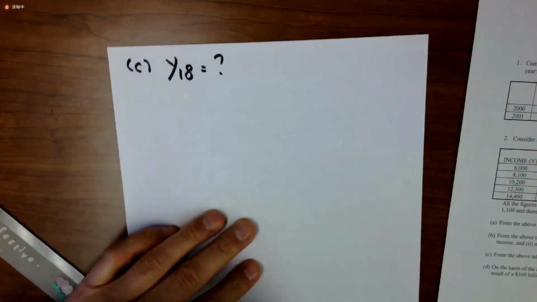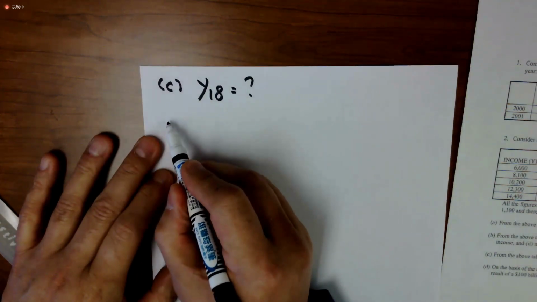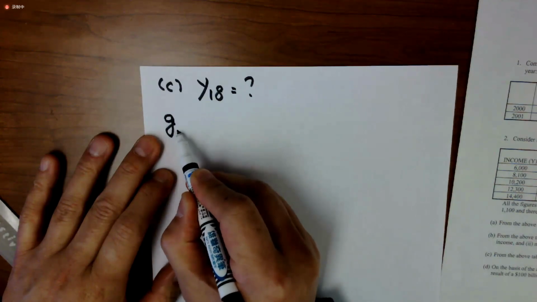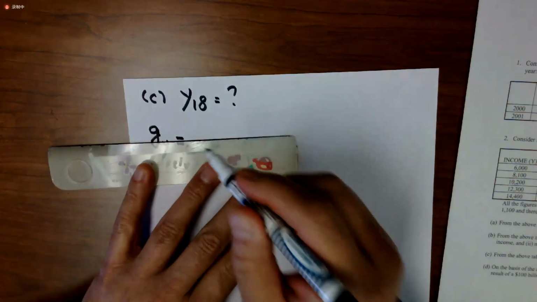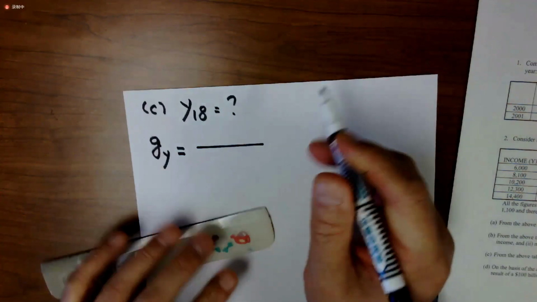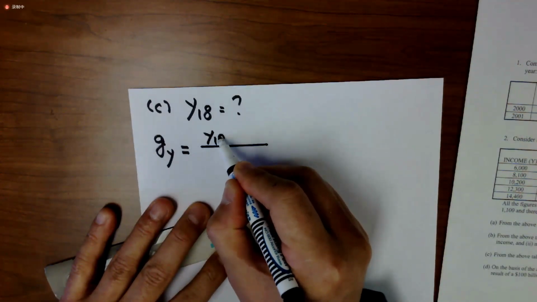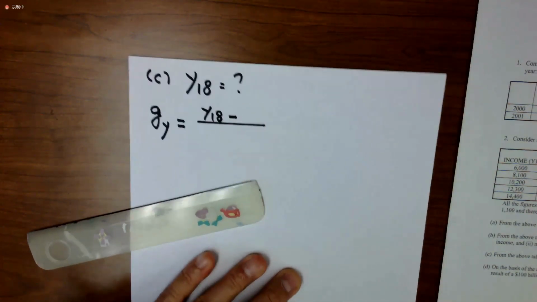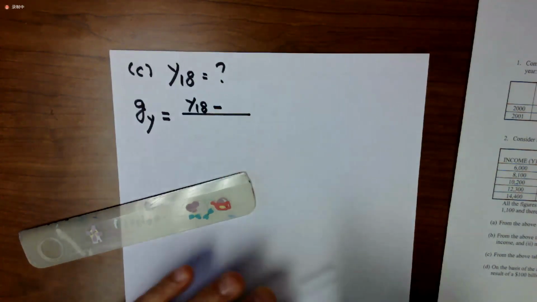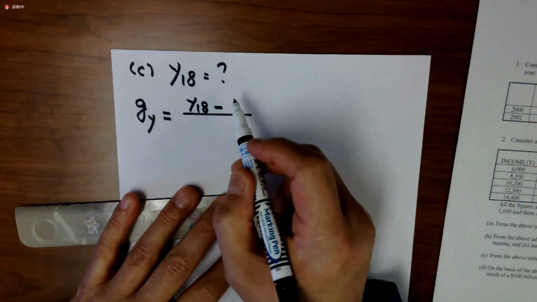Yes. All right. So you use the information that's given to you. What's the growth rate of real GDP? So again, the new real GDP, Y18, minus the old real GDP, which is equal to how much?